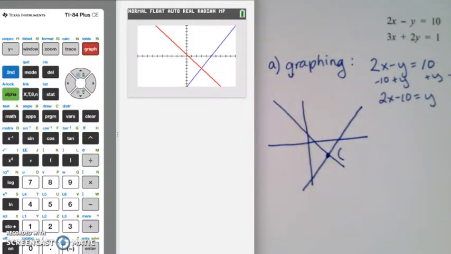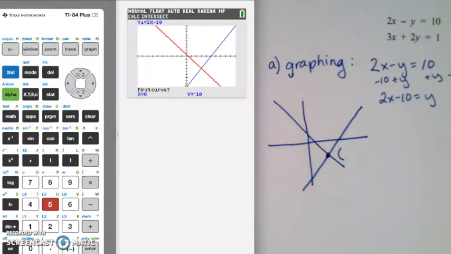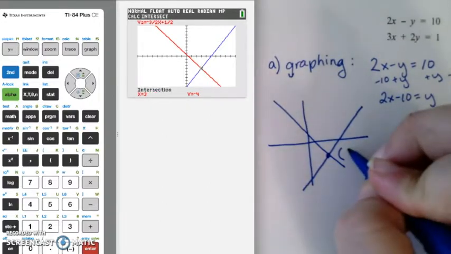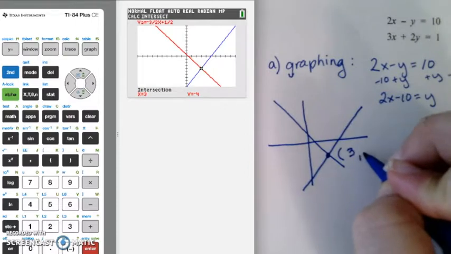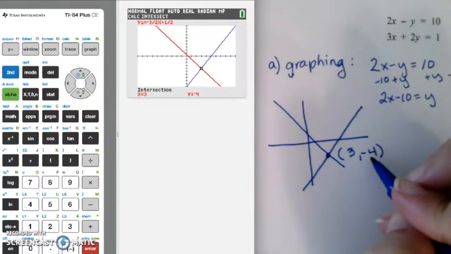So, second, calculate intersection, using the right arrow key until it's close to where they intersect. Enter, enter, enter. And my point of intersection is given as 3, negative 4. Okay, so my x value is 3 and my y value is negative 4.